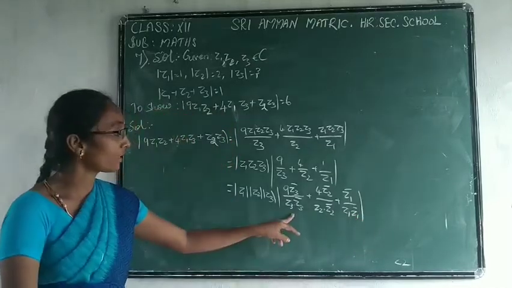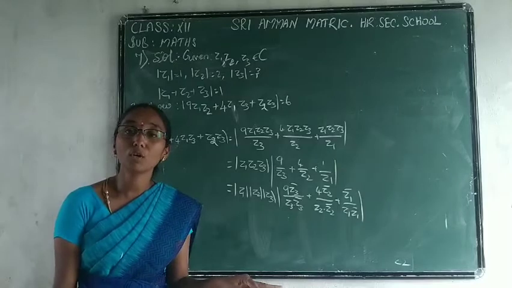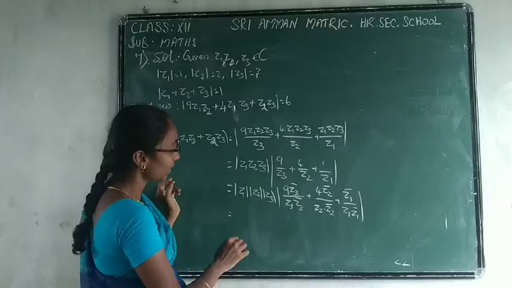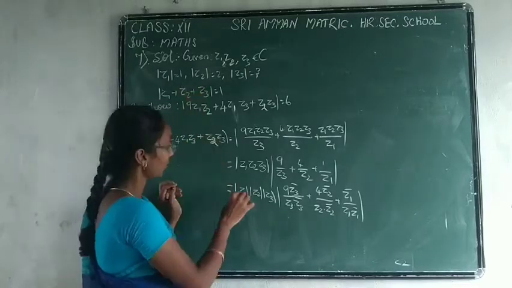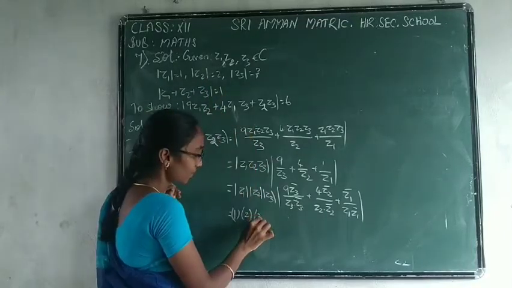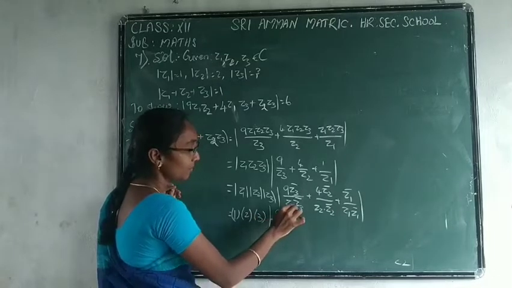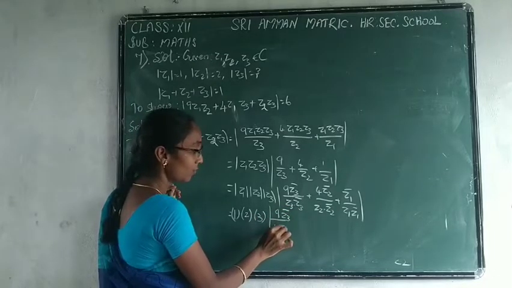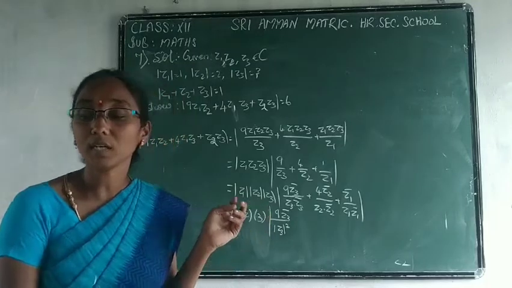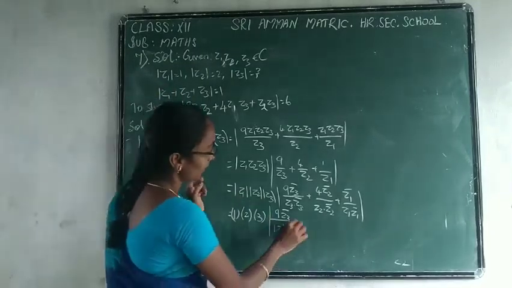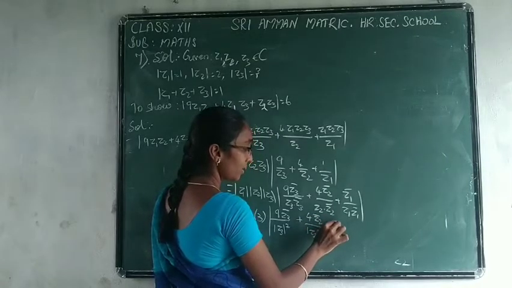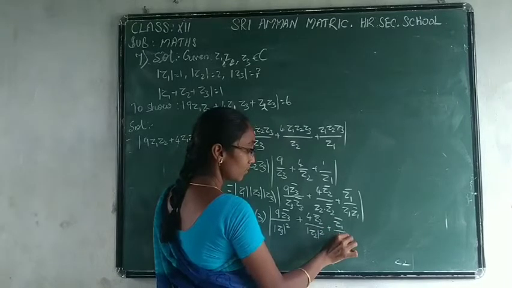Okay, you already know what z into z bar is. It is the modulus of z squared. So modulus of z1 is 1, modulus of z2 is 2, modulus of z3 is 3. Substituting: 9 z3 bar divided by modulus of z3 squared, plus 4 z2 bar divided by modulus of z2 squared, plus z1 bar divided by modulus of z1 squared.